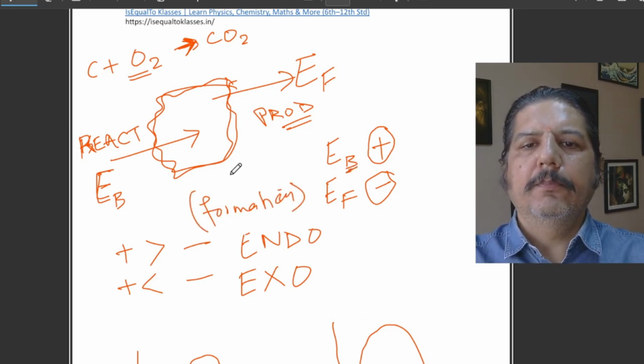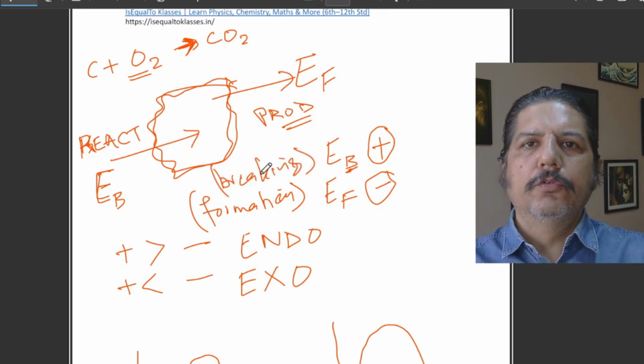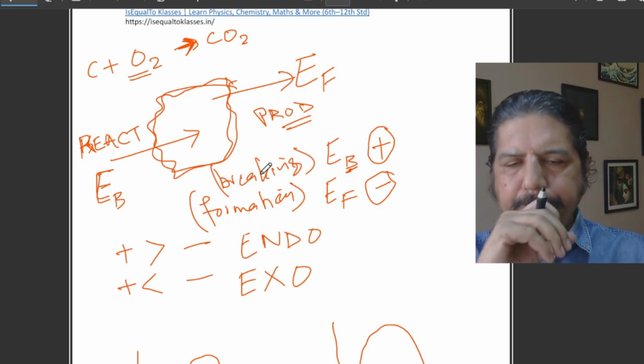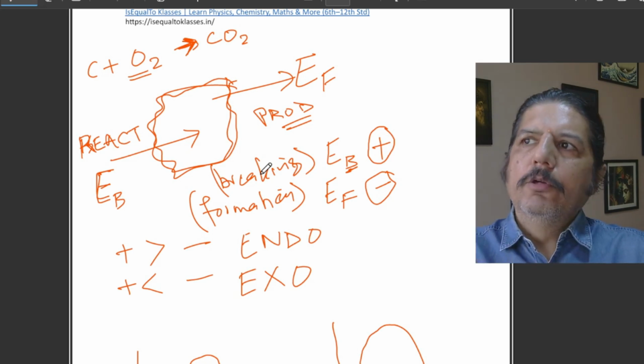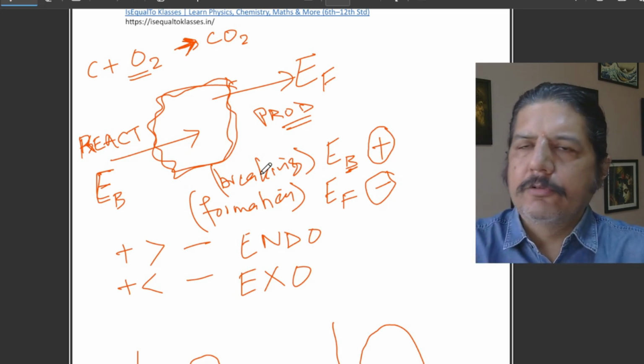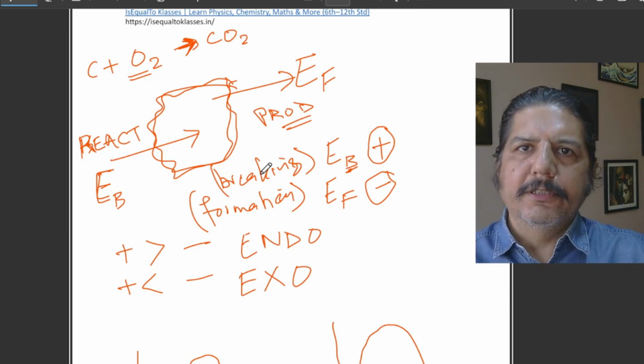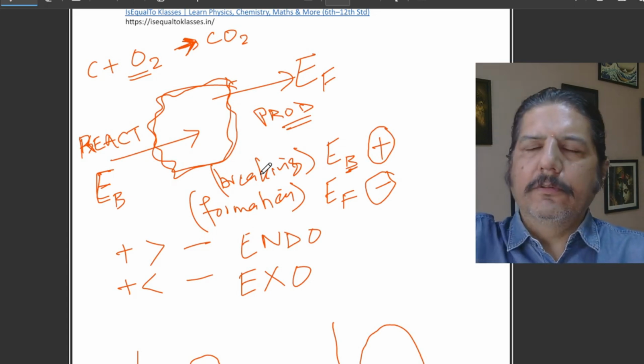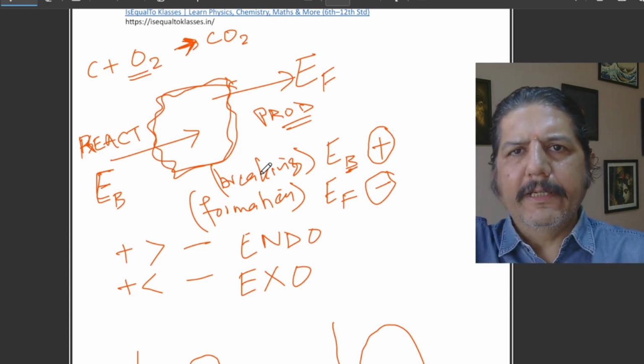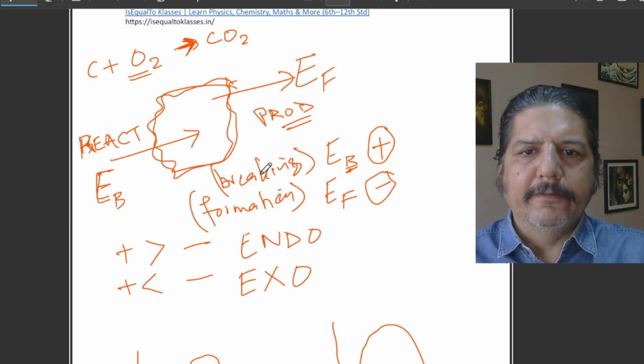This EB implies breaking the bonds of the reactants. So bonds of the reactant would be broken, and when new bonds would be formed, when the products would be formed, then energy would be released. Energy which enters the system is considered to be positive, and energy which leaves the system is considered to be negative.